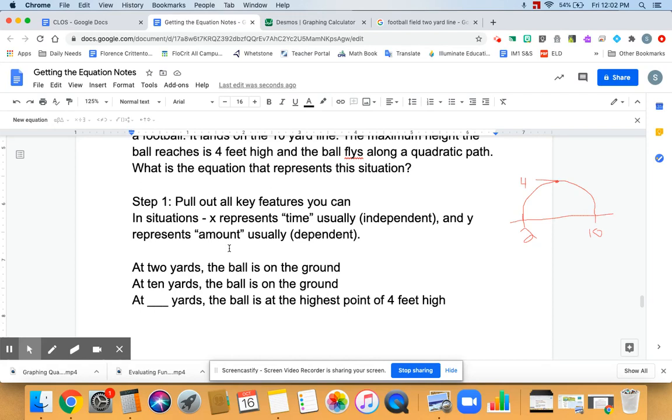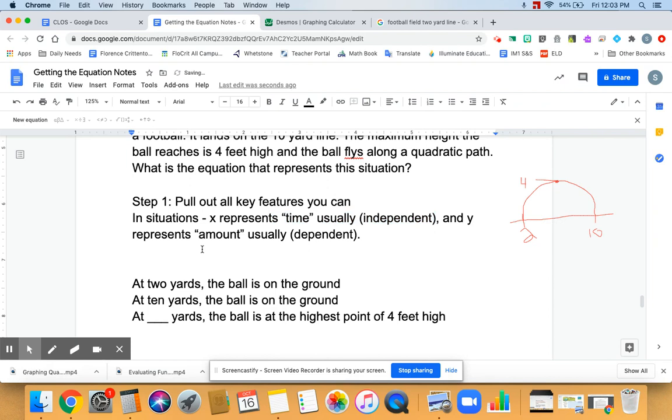Okay, so here's what we know so far. Let's try to put it into more mathematical points. In this situation, what's x? Which one's the time piece or the independent piece? In our situation, the x happens to be the yards, the football yards.